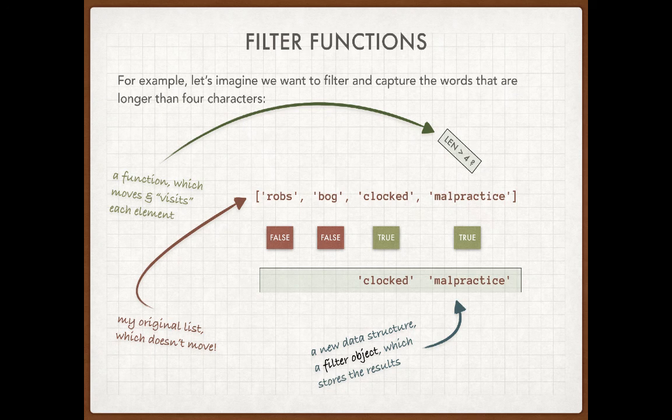Now, you might think that because we started with a list, that we'll end with a list, but we actually don't. We get what's called a filter object, which is a new kind of object in Python that we haven't really seen before. We've looked at objects a lot, but this is one that we haven't seen yet. We'll talk about it a little bit more as we go forward here.